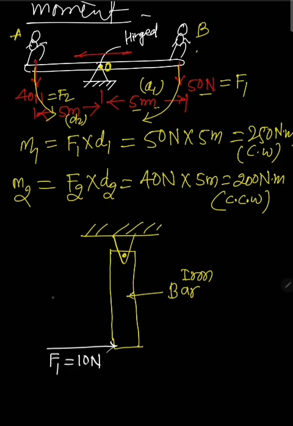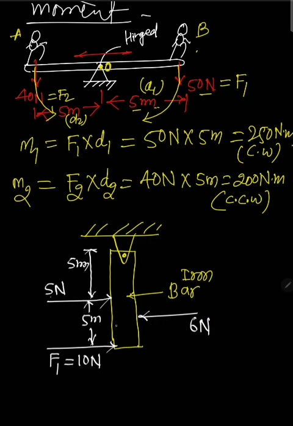One another force of 5 Newton is acting at the middle of this bar, and let us take this distance as 5 meter and this distance is also 5 meter, and there is one another force of 6 Newton which is acting in this direction, and this distance is 7 meter.